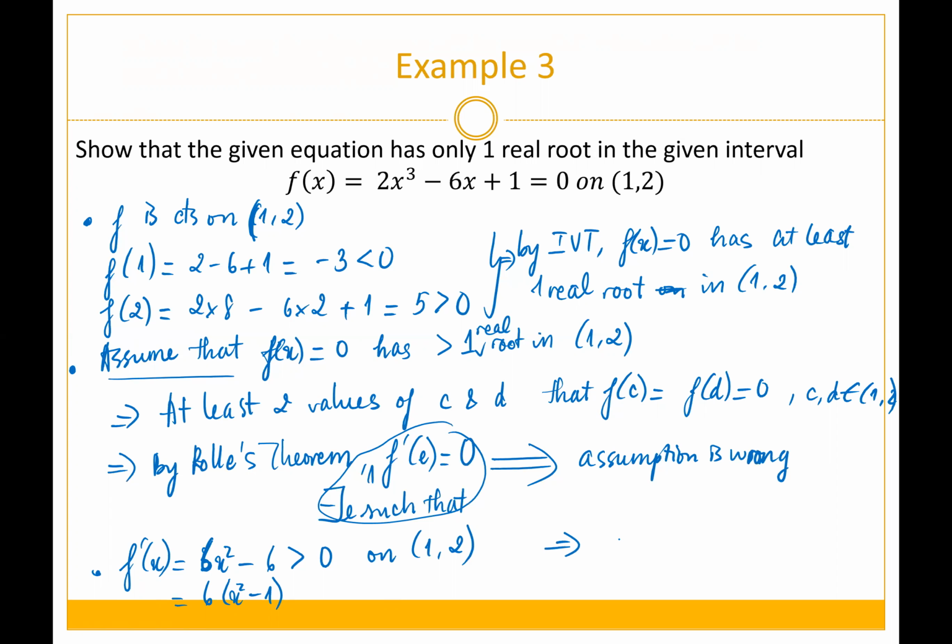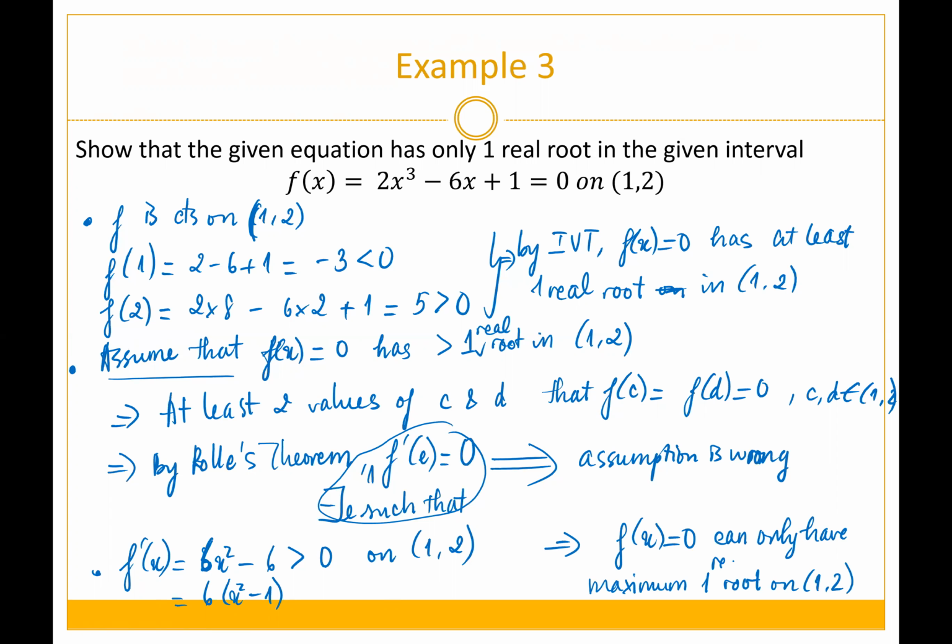Therefore, we have f(x) equal to 0 can have at most one real root on 1 to 2.